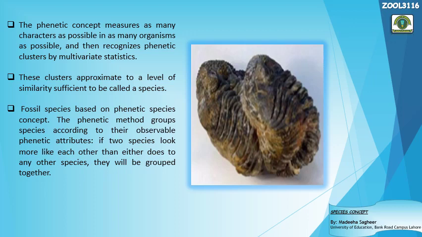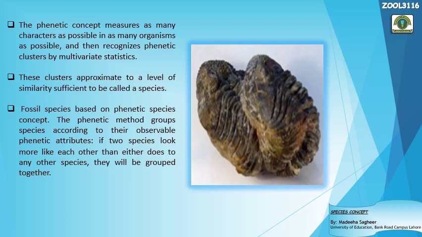At the same time it could compare the skin structure, the morphological structures, suppose the cranium structure, the tail structure of different organisms. So that's why we call them phenetic clusters by multivariate statistics. So it is a very advanced concept of the species that uses the morphological characteristics, but with modern techniques, with statistics, it measures and records the characteristics.